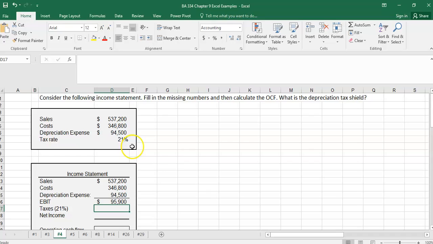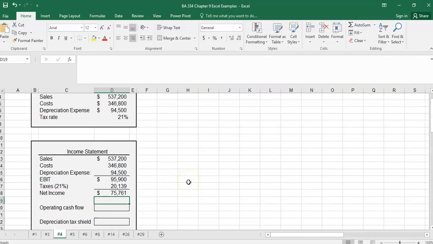Our tax rate is 21%. Earnings before interest and taxes times the tax rate. So our tax expense is $20,139. Our net income is earnings before interest and taxes minus the taxes.